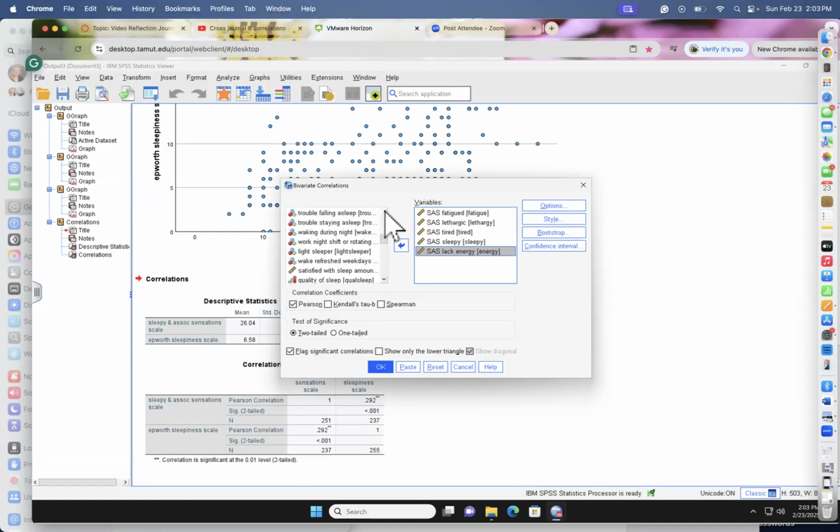If I can find my Epworth. Here it is. I'm going to put that below. And then I am going to click on paste.